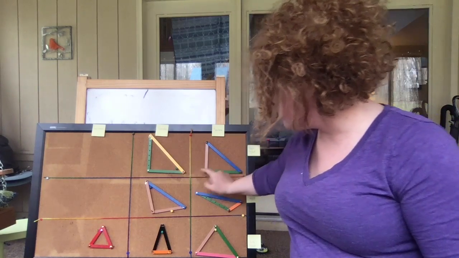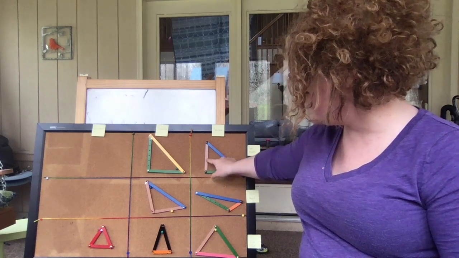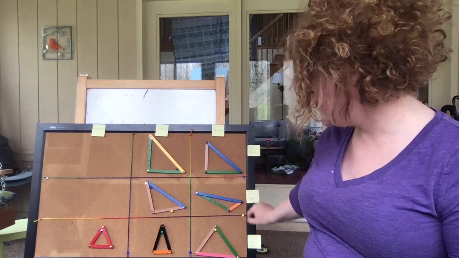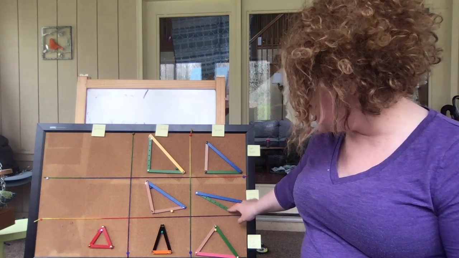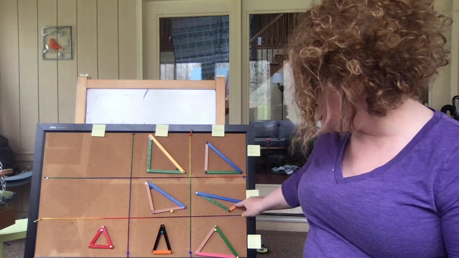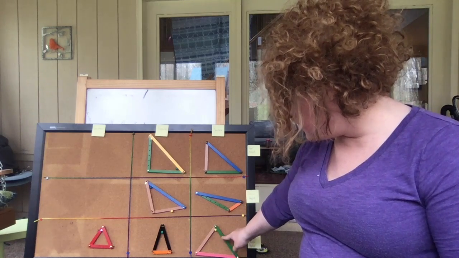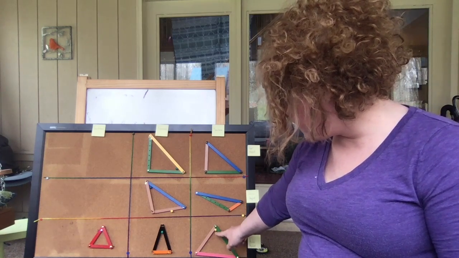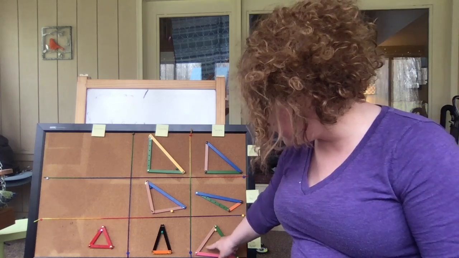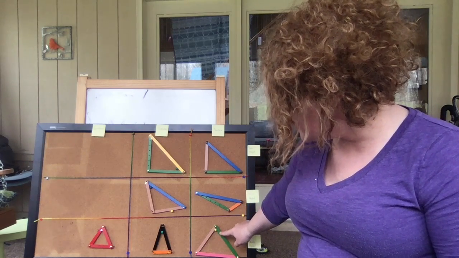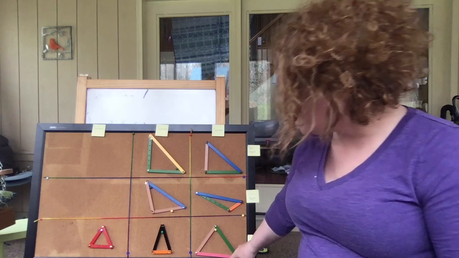You can see when it's next to this one, it still forms a right angle, but it has three different sides. An obtuse angled scalene has one angle that's obtuse. And then we have our acute angled scalene triangle down here. It has three different sides, but it has three acute angles.